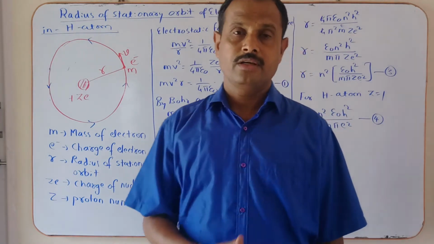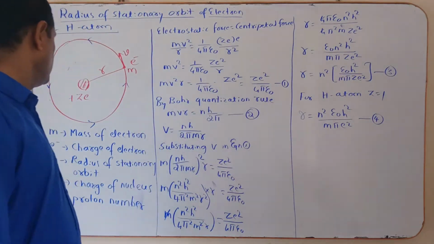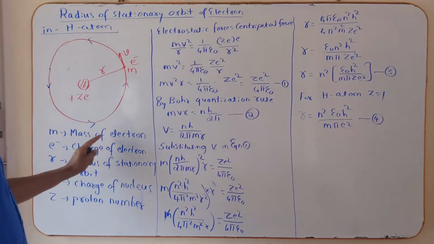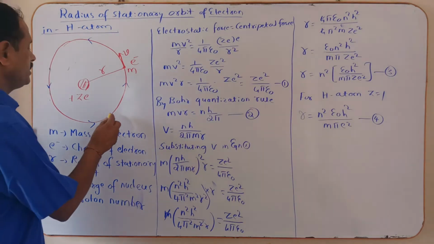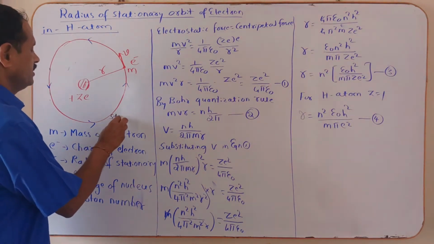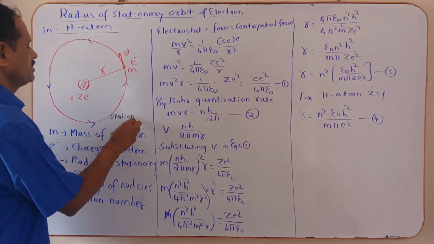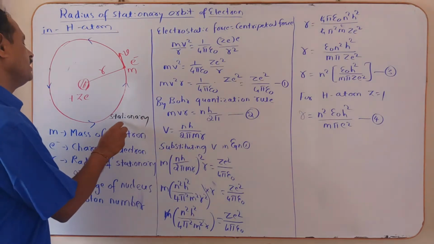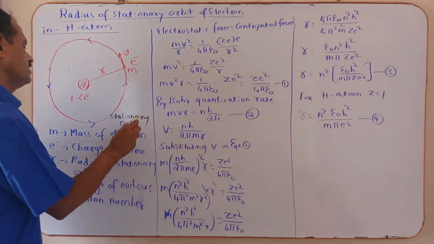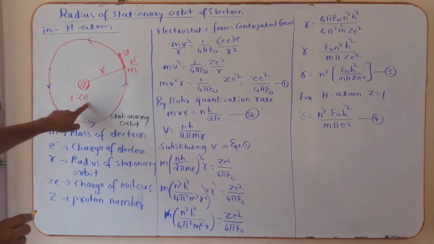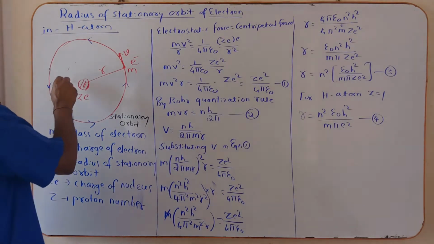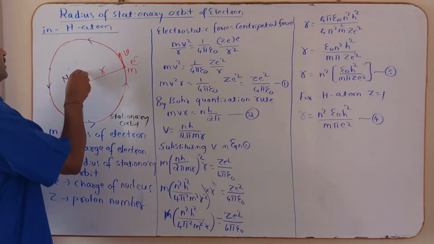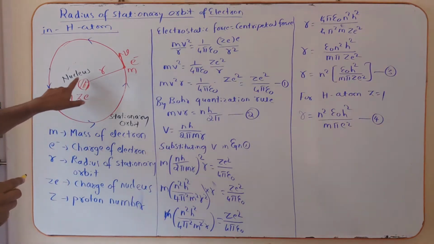Let us derive it. Now see here, this is the nucleus, and this is the orbit, which is said to be a stationary orbit. There can be many stationary orbits, different energy states. Plus ZE is the charge of the nucleus.